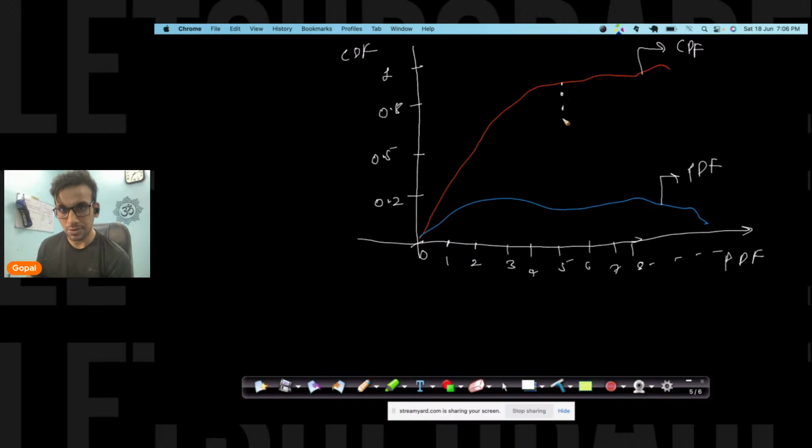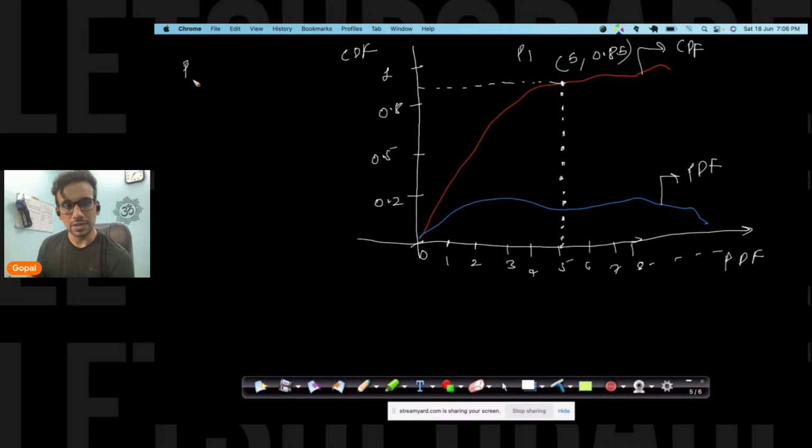If I drop a perpendicular from this very point, what exactly will my coordinates be? It will be 5, comma, and if I go vertically, it will be 5, comma, 0.85. Let's call it P1.